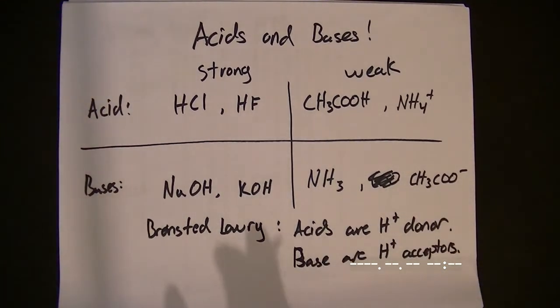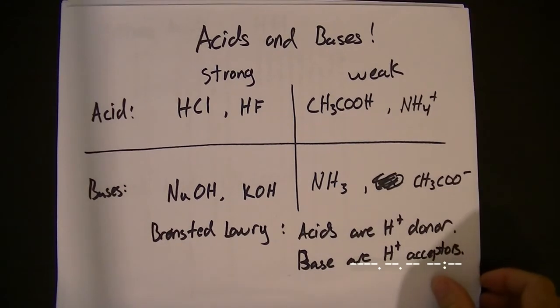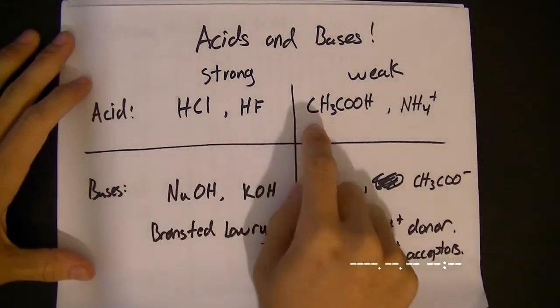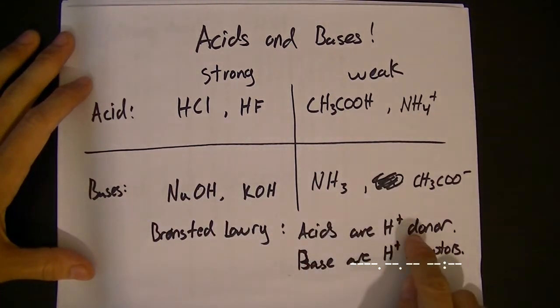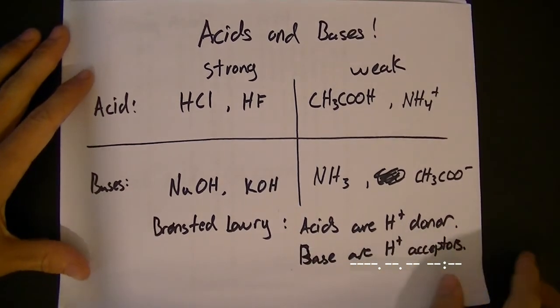Let's look a little bit more in depth into how these donate protons and how they accept protons. There are a few things I want to emphasize before we really get started in class tomorrow. Again, Bronsted-Lowry acids are proton donors, and bases are proton acceptors.